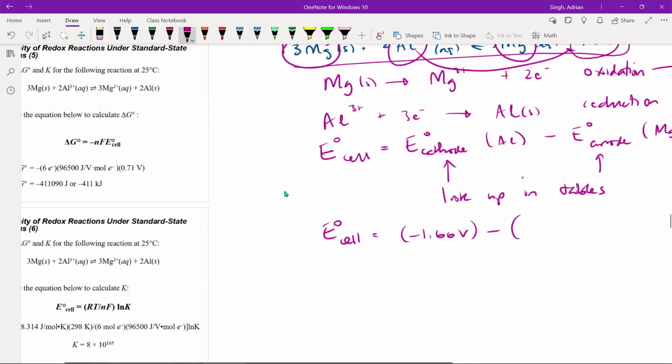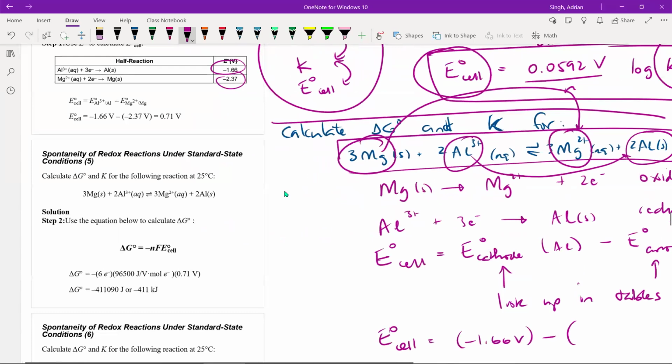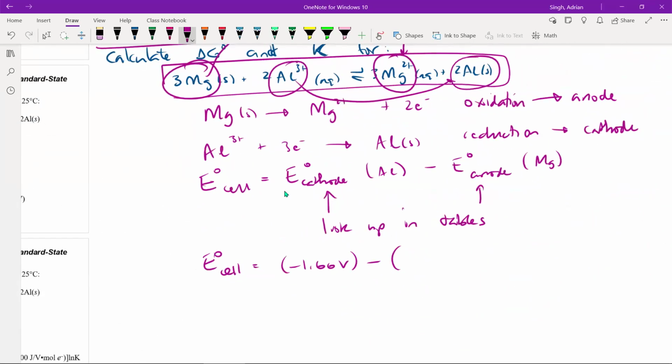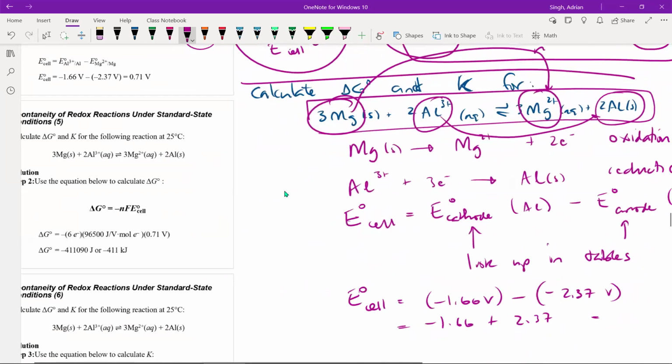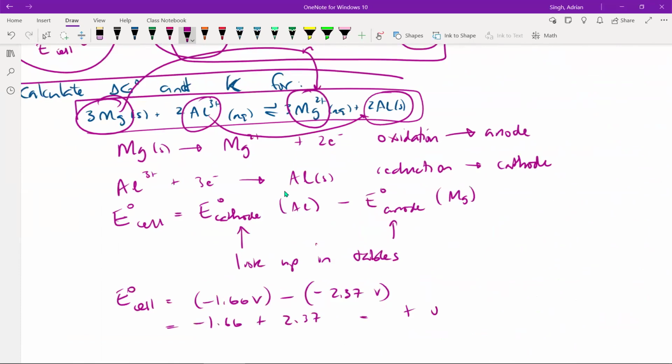So minus E of the anode, there is the magnesium, negative 2.37 volts. So this becomes negative 1.66 plus 2.37, and we get positive 0.71 volts. And that's E of the cell.